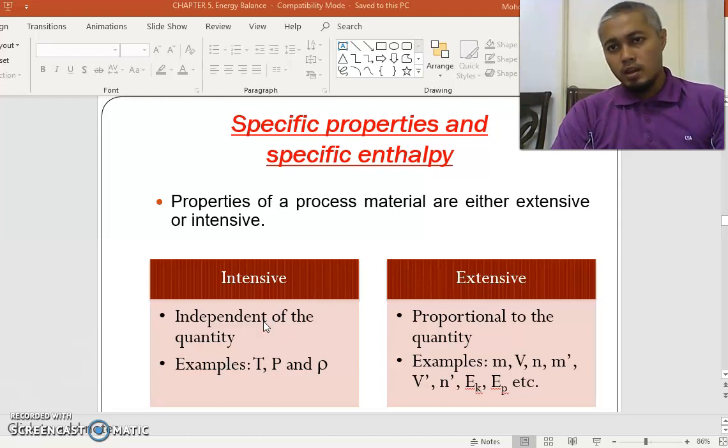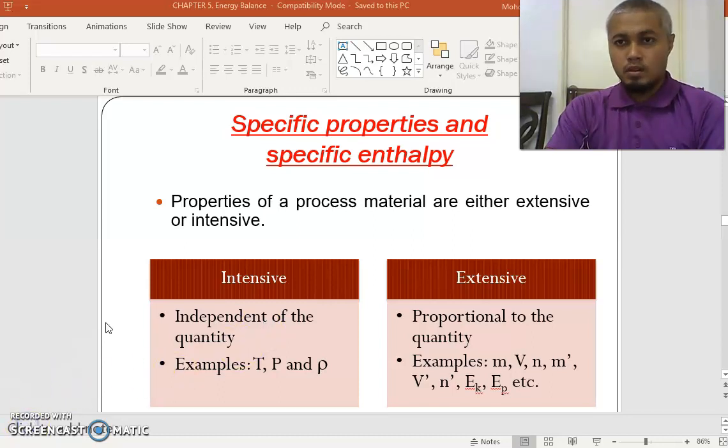If I ask you the value of the density, it is still the same, 1000 kilogram per meter cube, and the temperature is still 25 degrees C. So temperature and density are independent of the quantity.